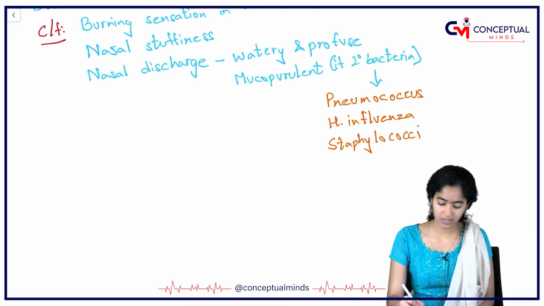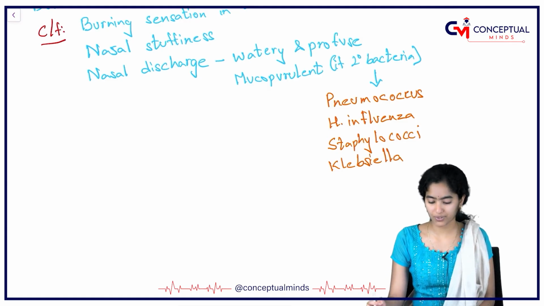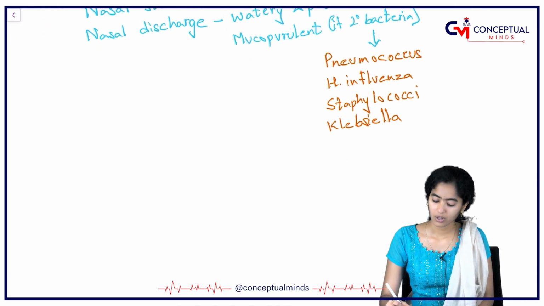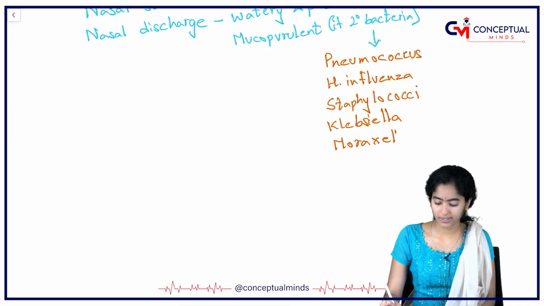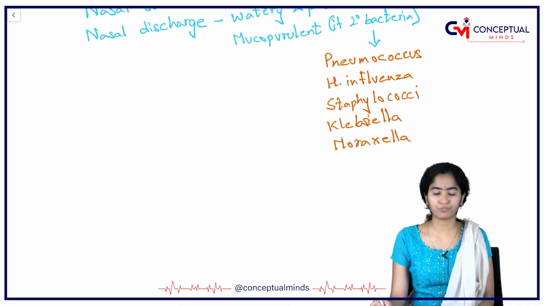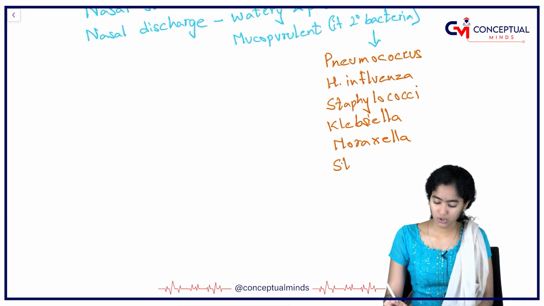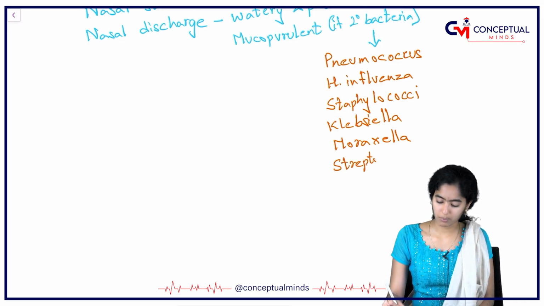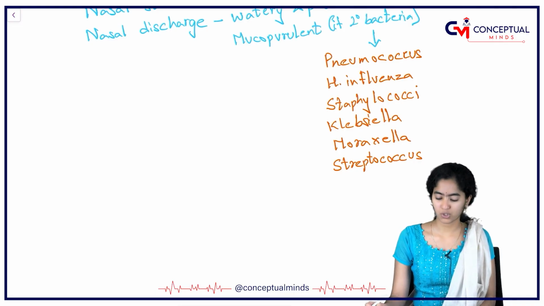Then Klebsiella is also there. It is also a gram-negative bacilli like Haemophilus influenzae. Moraxella catarrhalis, we say it is a gram-negative cocci. And a few other species of Streptococcus apart from Streptococcus pneumoniae, Streptococcus hemolyticus, or a few other species.